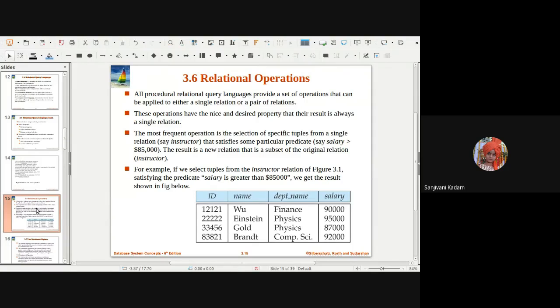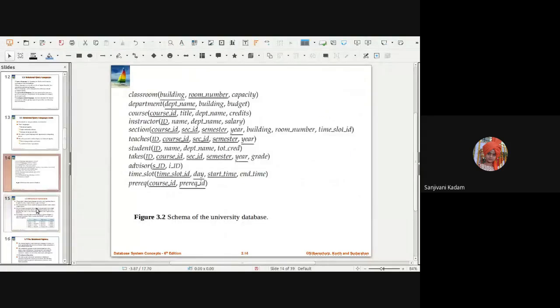It means that if I am willing to retrieve those students' data who have taken database engineering in year 2019, or I want to know those students for whom the grade was A for all the subjects or for database engineering, then whatever information is given to me as output from the database is always in terms of a relation, that is a table format only.